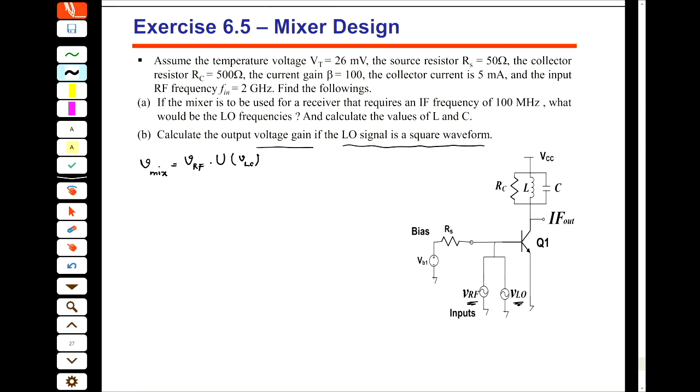Okay, which equals VRF times 4 divided by pi cosine omega LO t minus 4 over 3 pi cosine 3 omega LO t plus the rest.